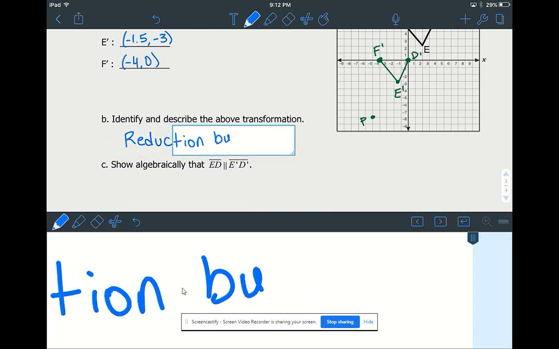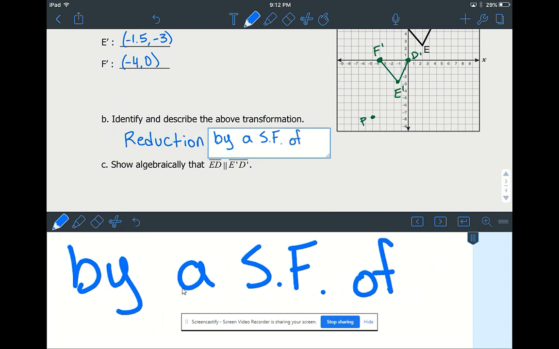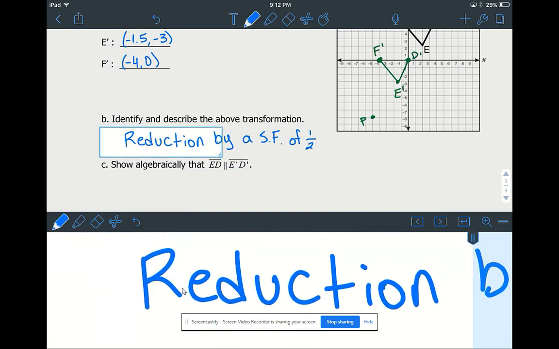So describing it would be by saying that a reduction by a scale factor of 1/2. So you've identified it by saying it was a reduction, and then you've described it by telling me what the scale factor is. 2 parts. You have to have both to get full credit for part B.